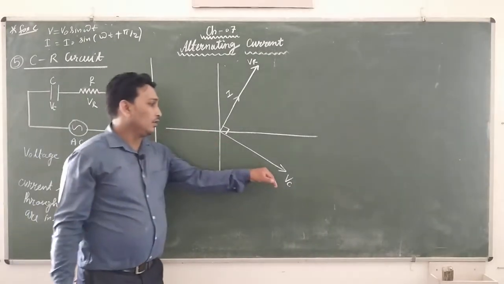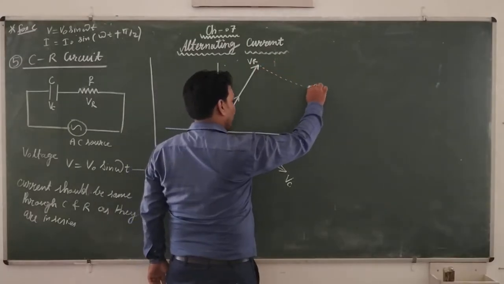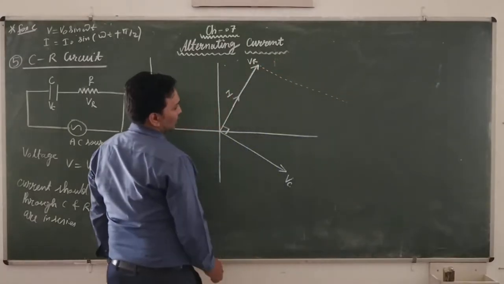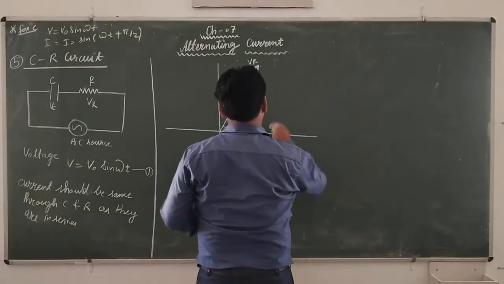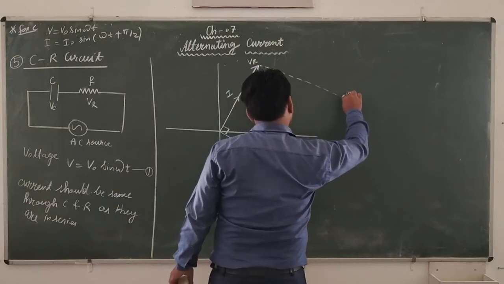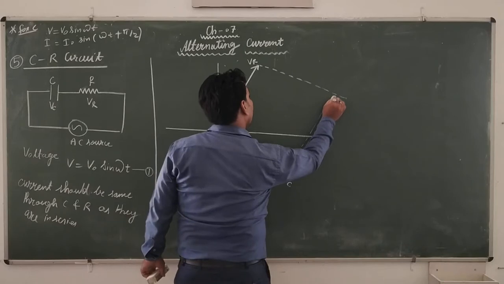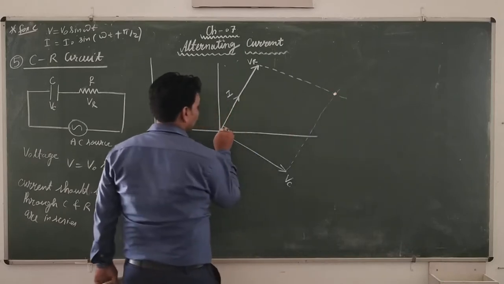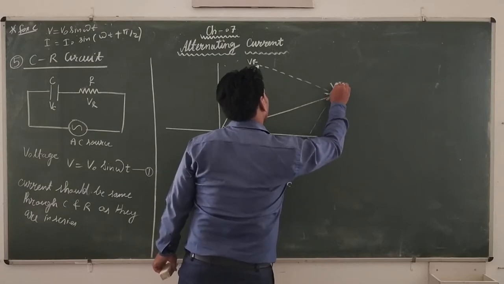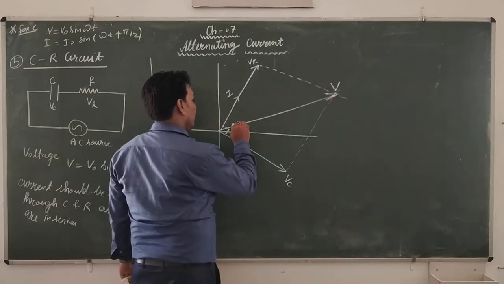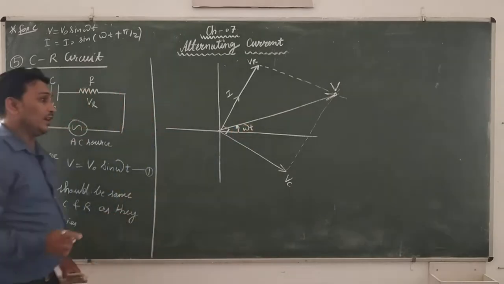It is a vector, and for adding vectors we use the parallelogram method. So this is parallel to this, and from here parallel to this, and somewhere here we have got the resultant voltage V. The resultant voltage makes an angle omega t.